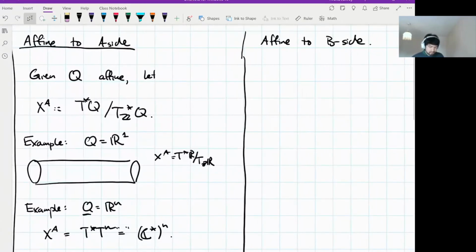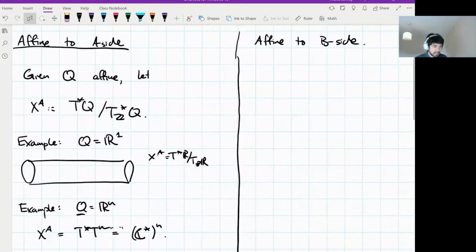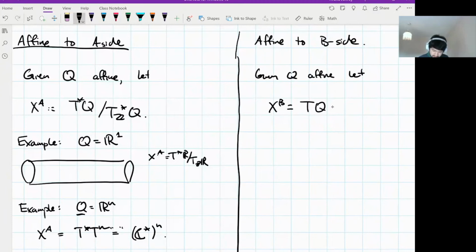Okay. Similarly, there's an affine to B side upgrade. So given Q, which is affine, let X_B be equal to the tangent bundle of Q mod the tangent lattice. Now recall, in order to do this type of upgrade, I needed Q to carry a connection, but because I have a lattice, I can use the lattice to build myself a connection.